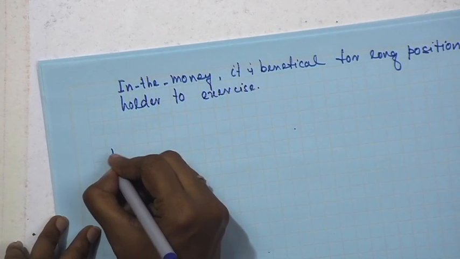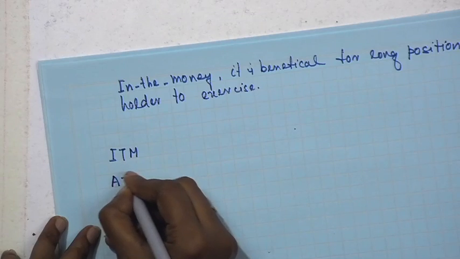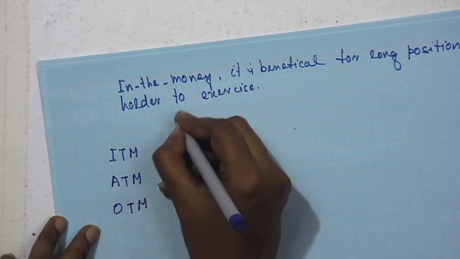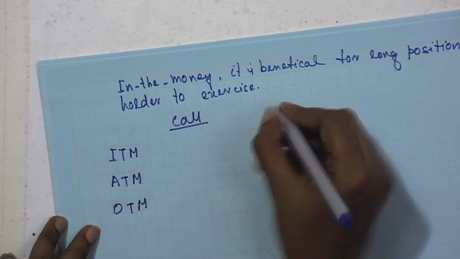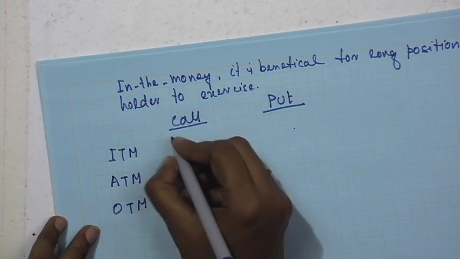So, when we are talking about in the money, we have at the money and we have out of the money. We have a call option here, we have a put option. So, when will it be in the money?